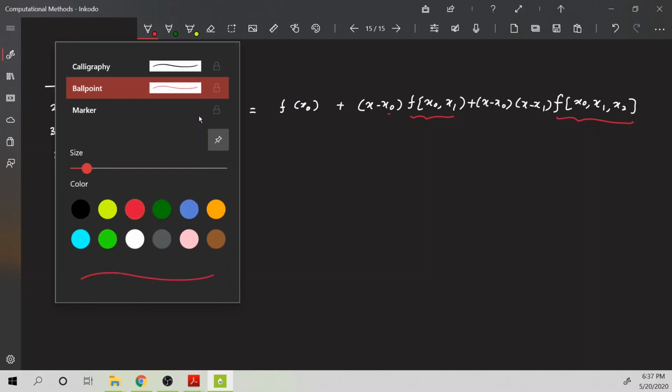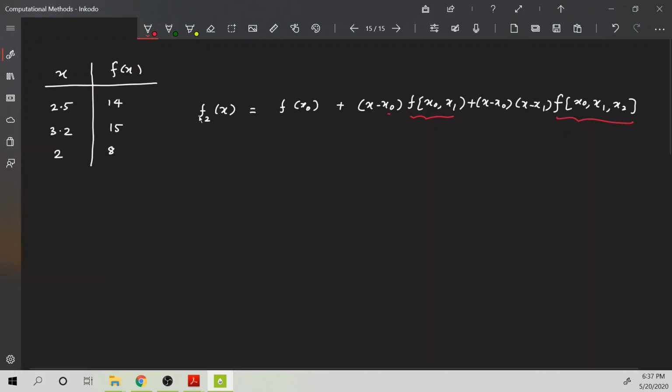One more thing before I move forward: you can use the same logic. If this was, let us say, a third order polynomial, I would have written plus the third divided difference f[x0, x1, x2, x3], leaving out x3, and then x minus x0, x minus x1, and x minus x2, and so on.